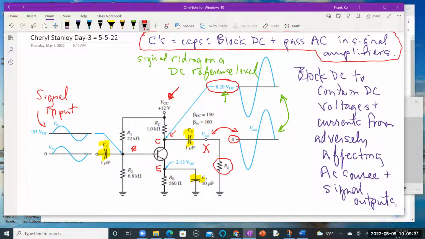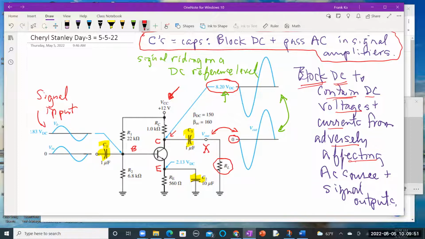And so capacitors, you can see here, truly do block DC for the purpose of containing the DC voltages and currents from adversely affecting the AC signal source and outputs.